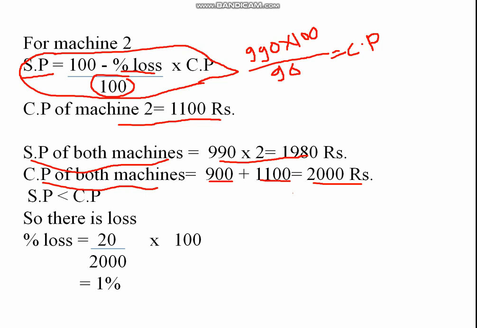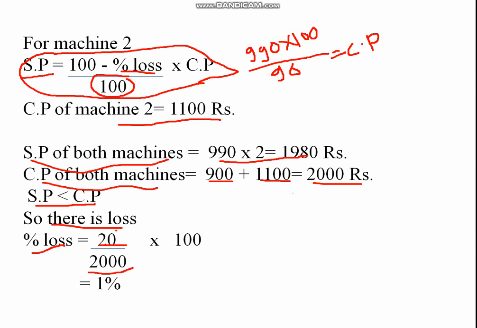Observe here CP is greater than SP. So in the total transaction there is a loss, because CP is greater than SP. So find the percentage loss: actual loss divided by CP into 100.